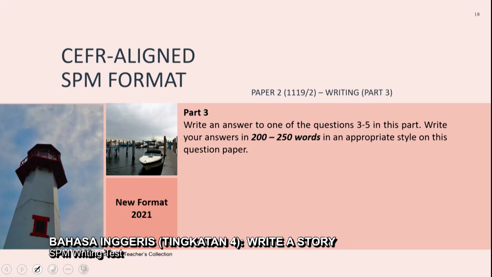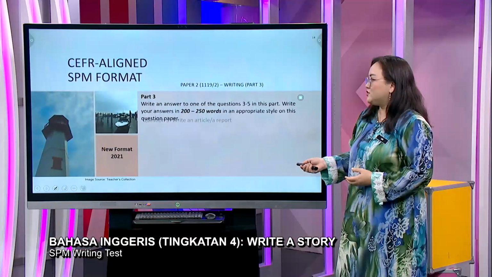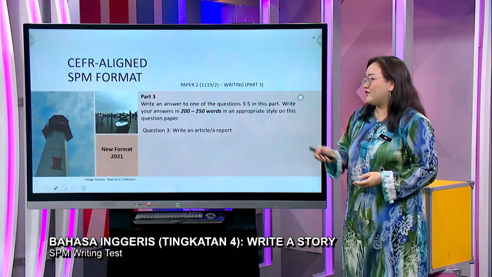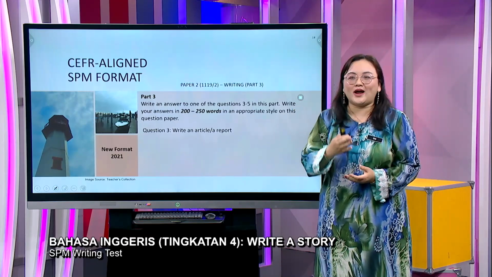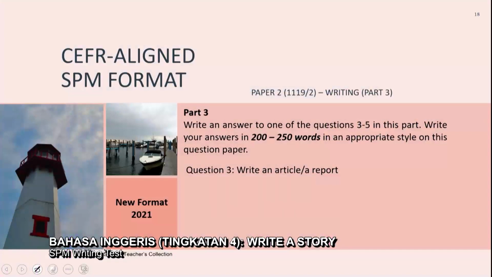Normally for this part, you have 3 choices, and you just have to choose one of them. For example, question 3: we have a question that asks you to write an article or a report. Question 4: we have a question that asks you to write a review of a book or magazine or movie, or sometimes they can ask you to write a review about a holiday destination.